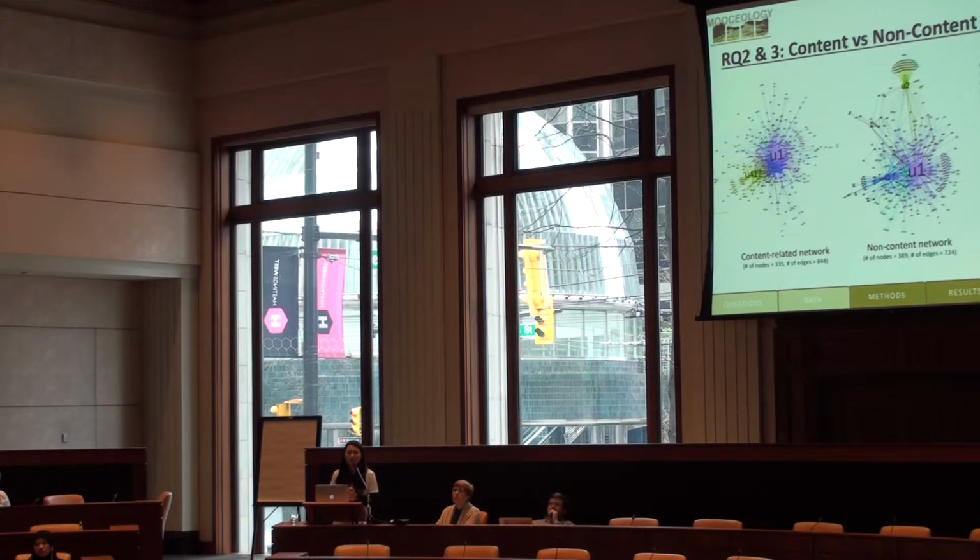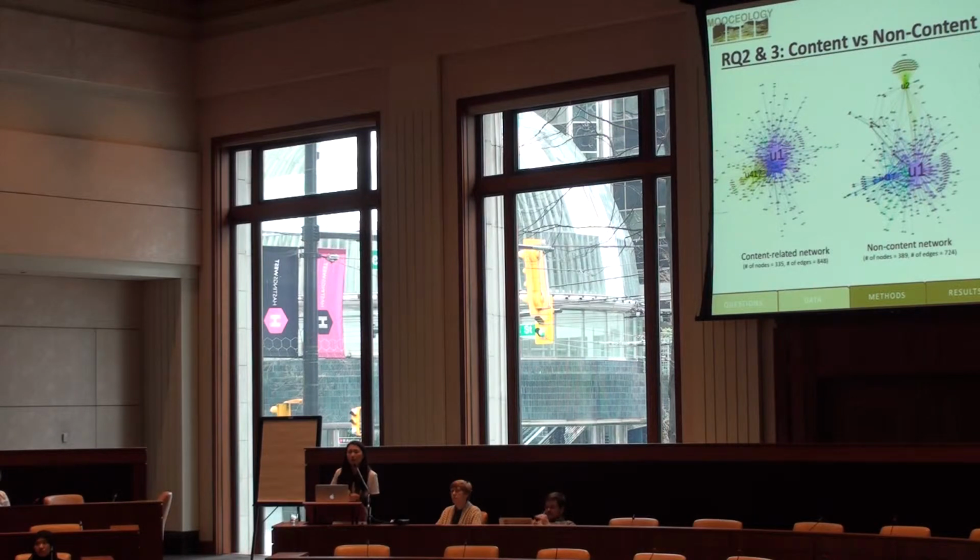Following this, we proceeded to compare content and non-content related networks, as we are interested in understanding social connections formed through reading, not just the writing, but also reading of the posts. We wanted a definition that was based on co-presence. However, as total co-presence is problematic, we proceeded with limited co-presence.